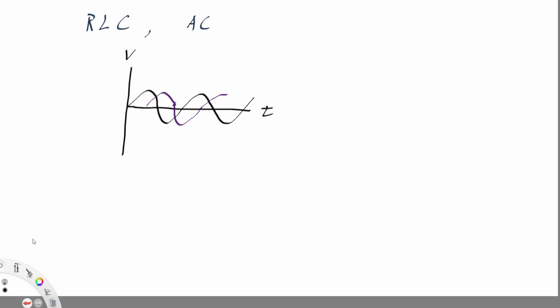If instead we made a graph of current versus time, and we're getting alternating current in, say this purple is for a capacitor.